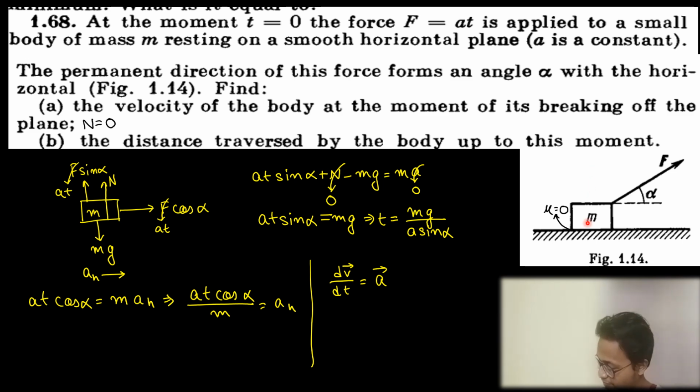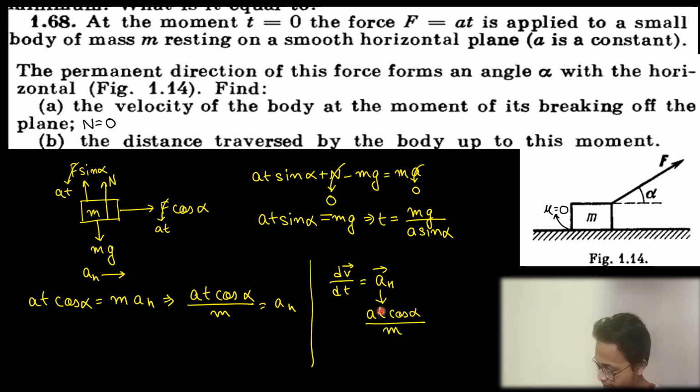Does it have any vertical component of acceleration till the moment of breaking off? No, it only has a horizontal component of acceleration. So if I integrate this, dv by dt is equal to the value of acceleration, which is At cos alpha by m.